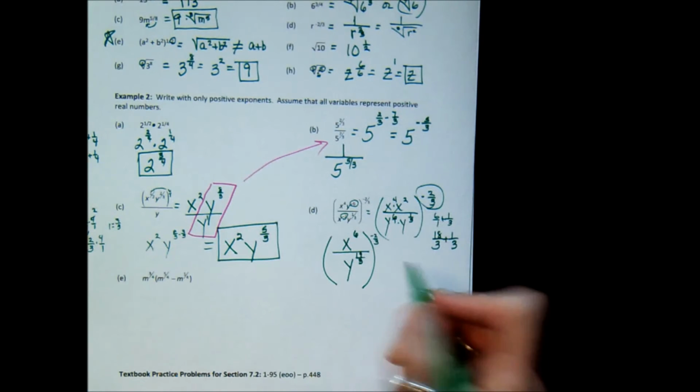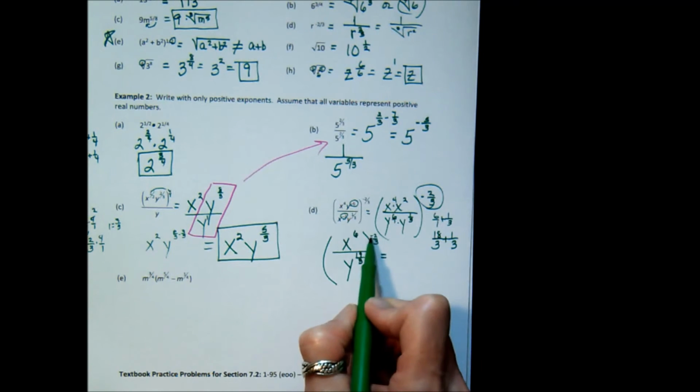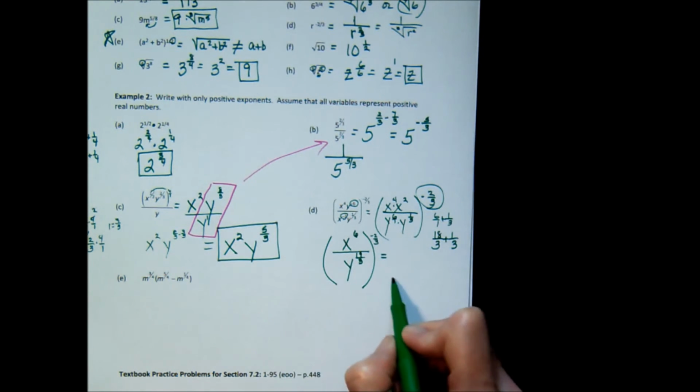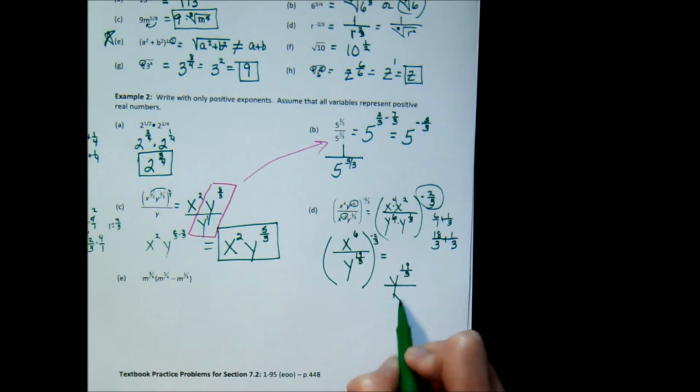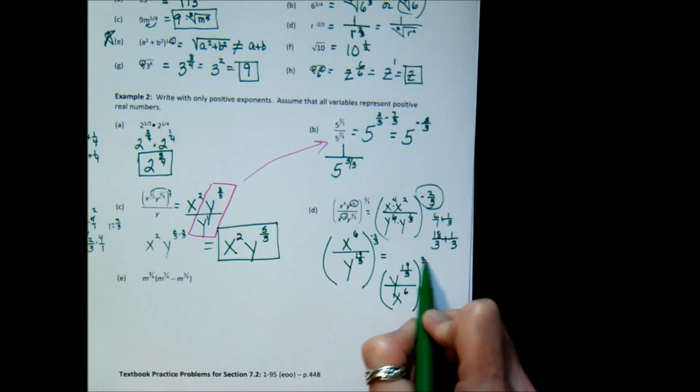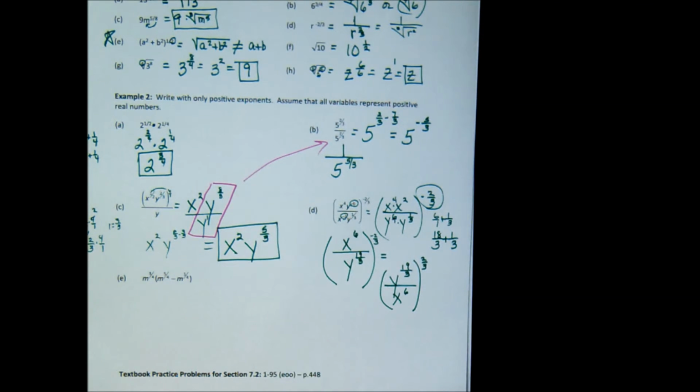So now I'm going to apply the negative piece of that exponent, meaning use the reciprocal. So I end up with y to the 19/3 over x to the 6th, and all of that is now to the positive 2/3. So we're still not finished.